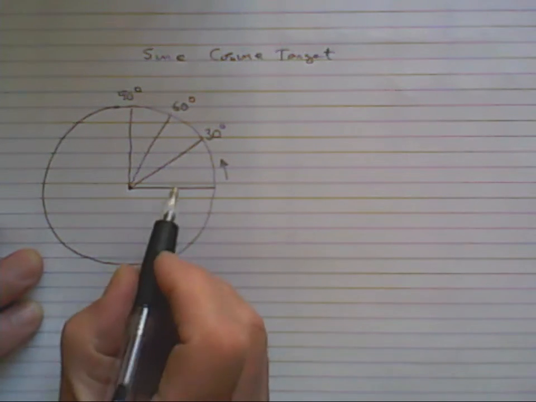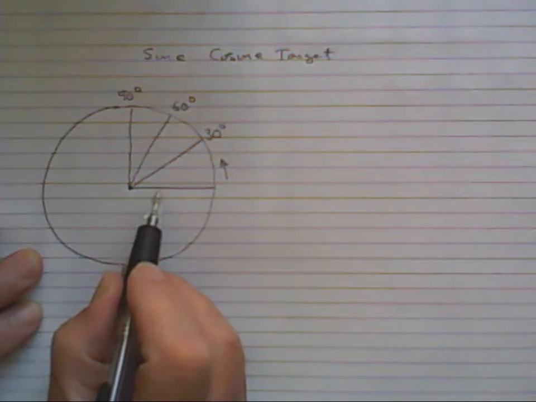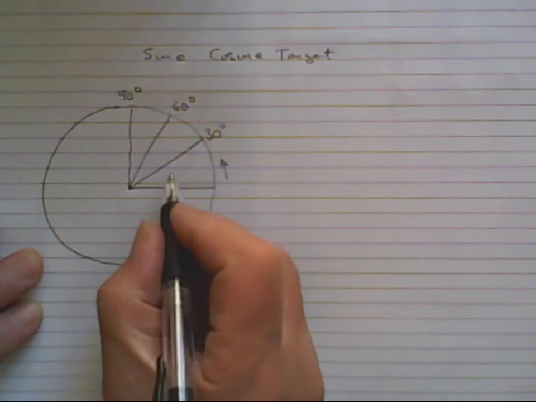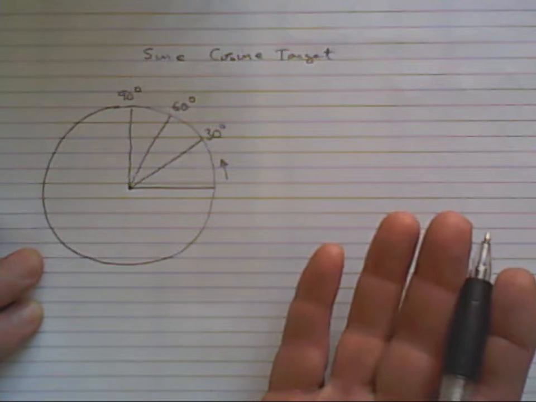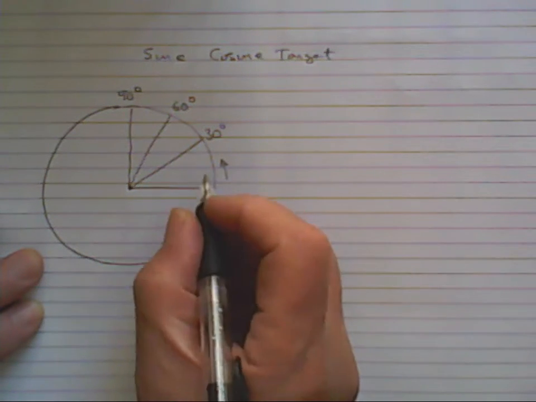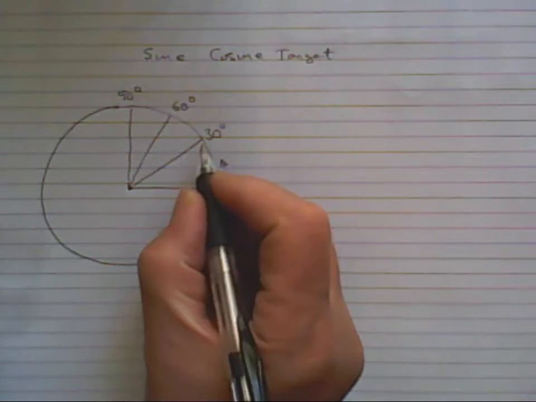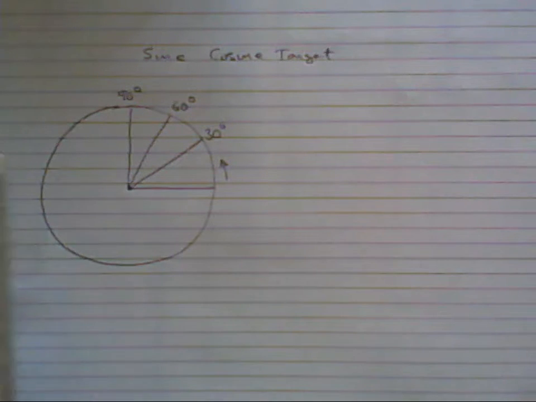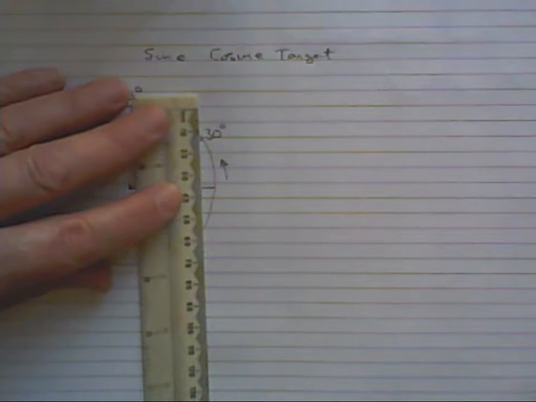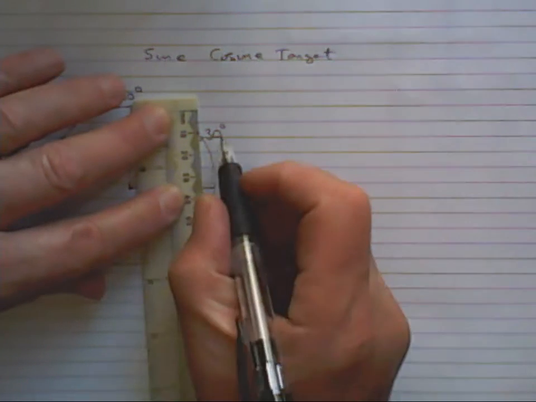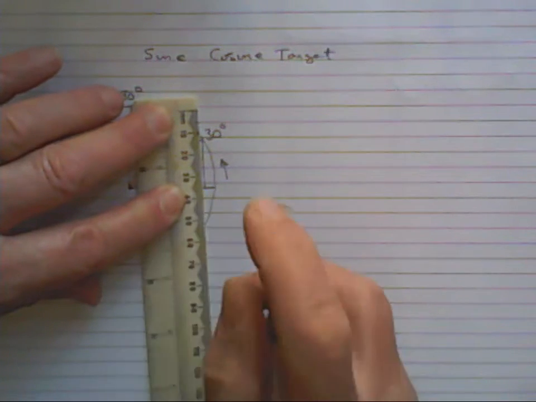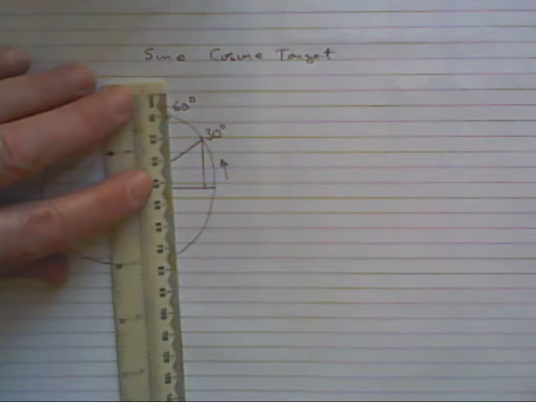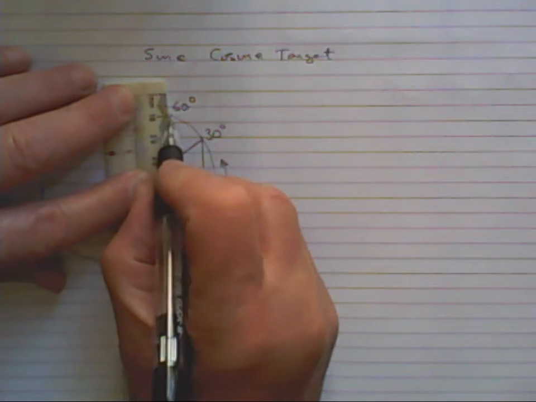Now, what's happening here is I'm rotating a radius anti-clockwise, and the radius happens to be the hypotenuse, that is the long side of a right angled triangle. What I need to do now is to try and establish that the right angled triangle actually comes from a circle, and therefore the sine, cosine and tangent curves can be related directly to right angled triangles, which is not always taught.